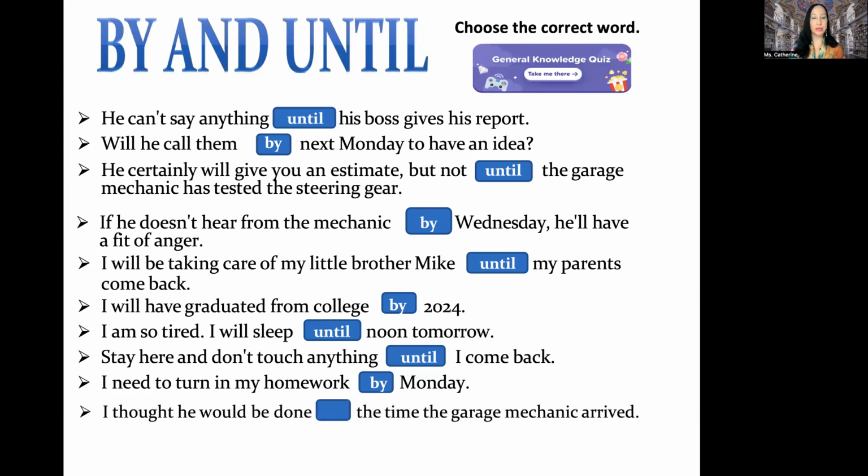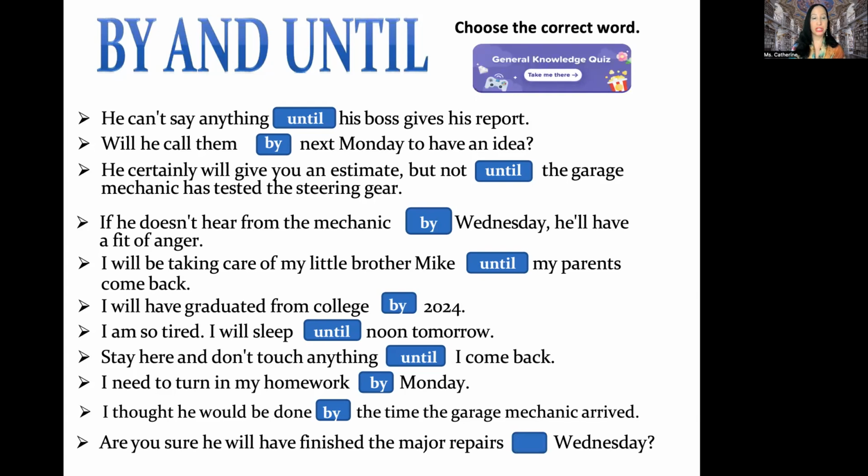I thought he would be done blank the time the garage mechanic arrived. I thought he would be done by the time the garage mechanic arrived, or until the time the garage mechanic arrived. What question does this answer? That's right, by the time the garage mechanic arrived.